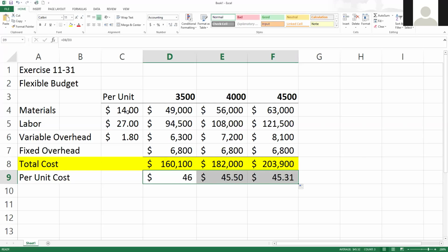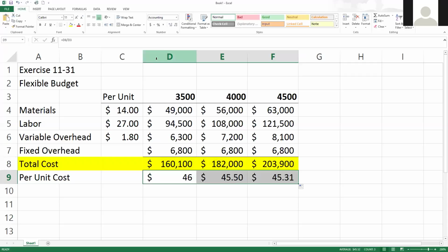Well, these are going to go with steady $14, $27, $1.80, no matter how many you make. So the only difference is the fact that the fixed overhead gets stretched and spread over more products. So each product incurs less per unit of fixed costs.